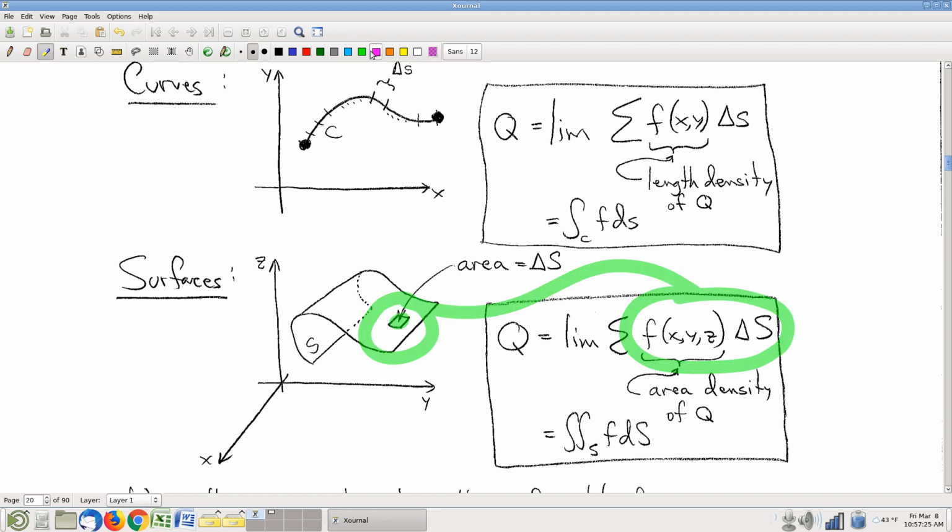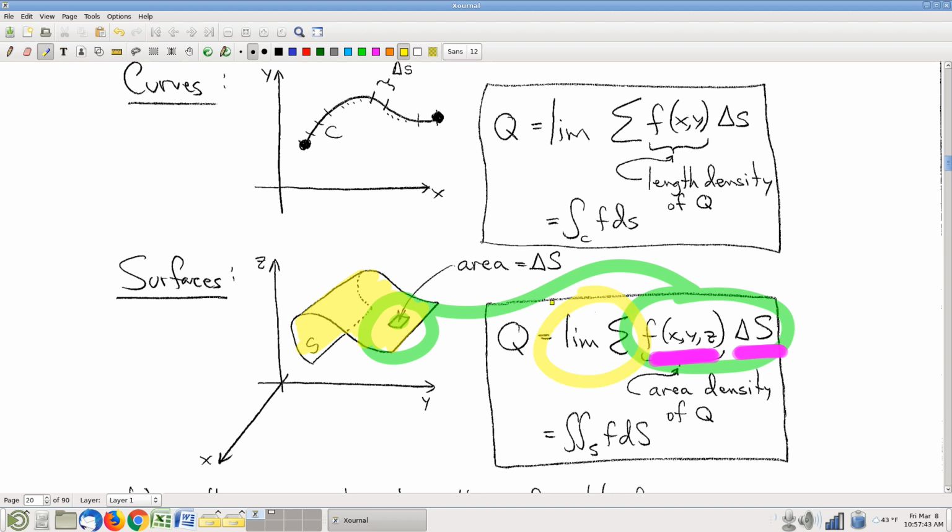Well, we're going to look at mass per unit area times area to estimate mass in that little piece. And then, again, we want to add up, but we're adding up in this very different way. We're adding up over the surface.